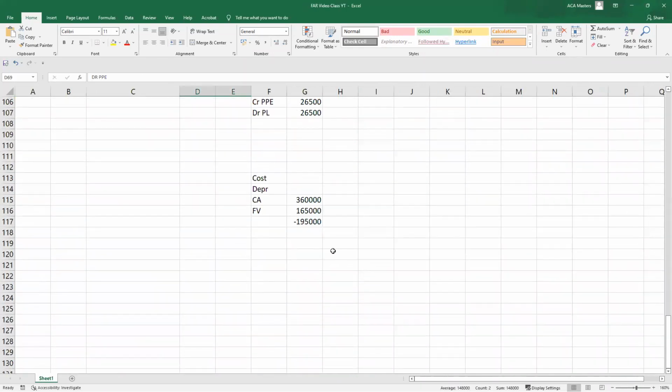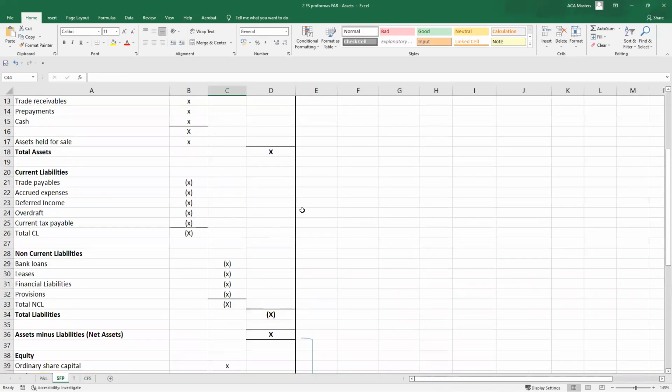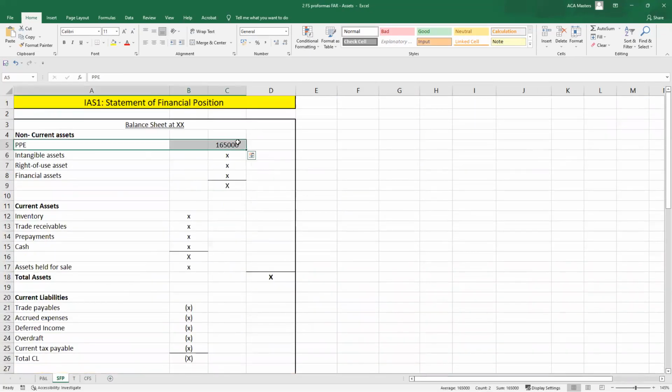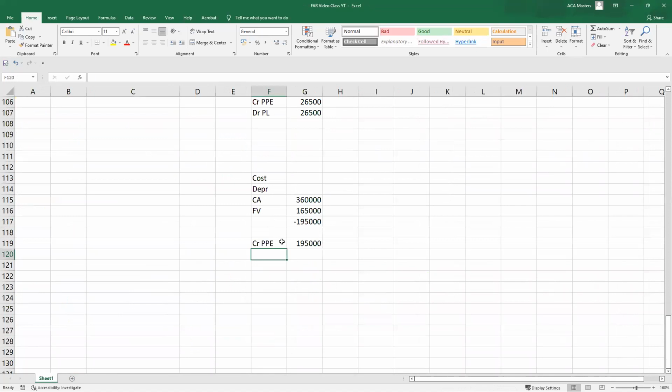You can see here that we've got 195k. So we're going to have to credit PPE to get the asset down to its fair value, which we've done. So you're going to credit the PPE, just like we did with an impairment. And the difference here is, of course, we've got an amount in the revaluation reserve.